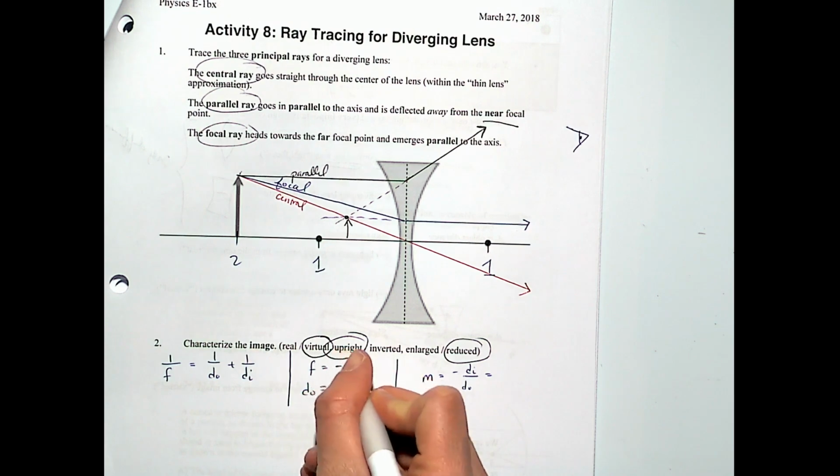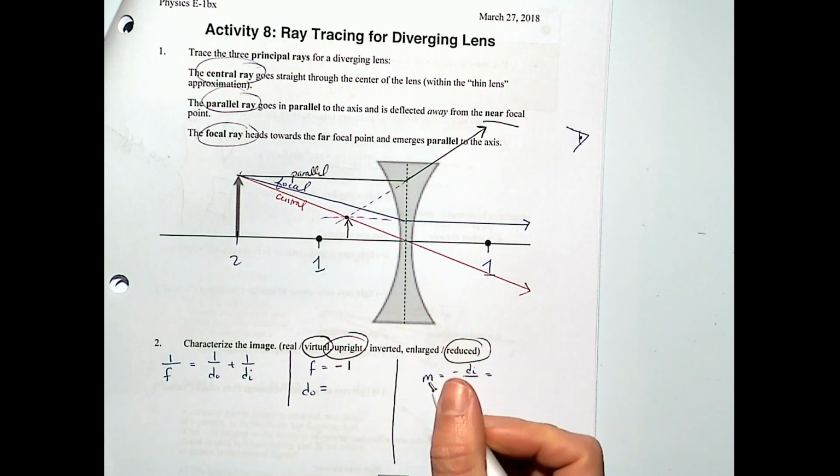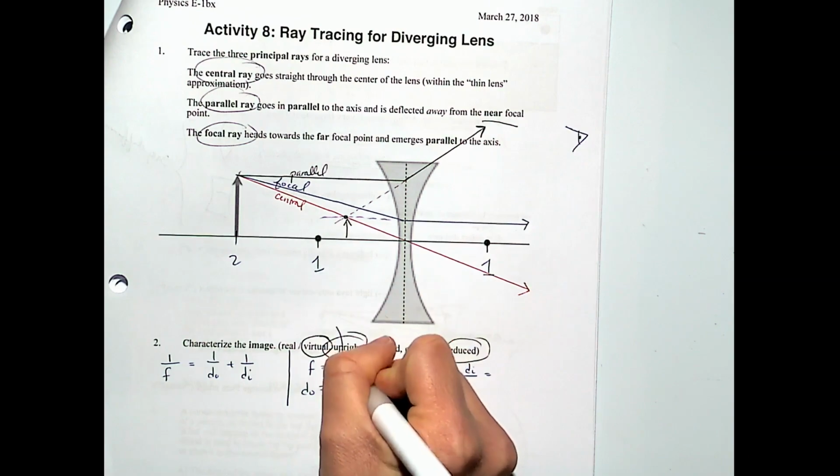It's going to be -1. Why is it negative? Because it's the diverging kind.